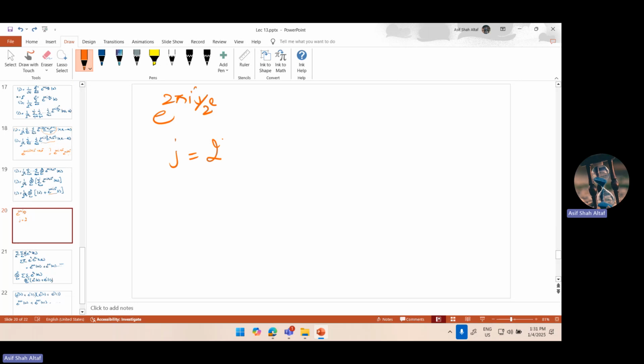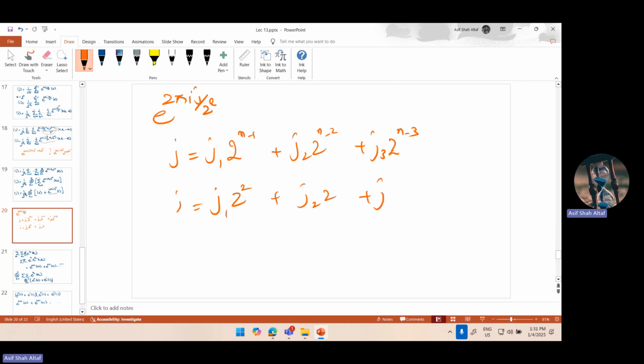Okay, so it will be J1 2 power n minus 1, J2 2 power n minus 2, and so on. So for a 3-bit number, it will be J1 2 square, J2 2, plus J3. And the J1, J2, J3 can be bit 0 or 1.